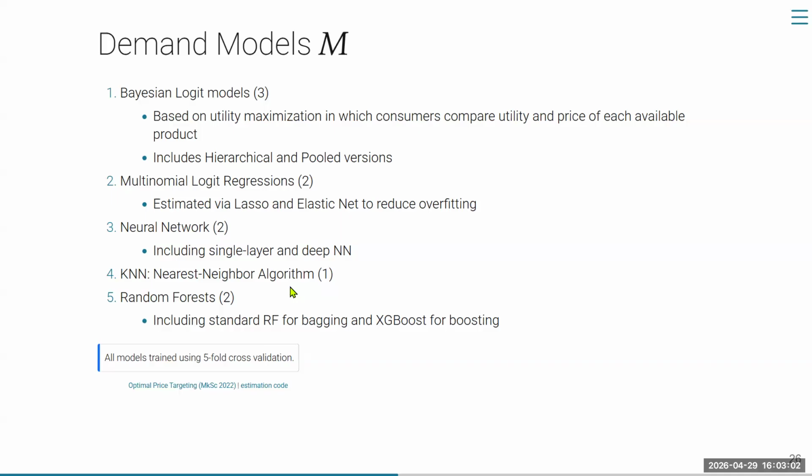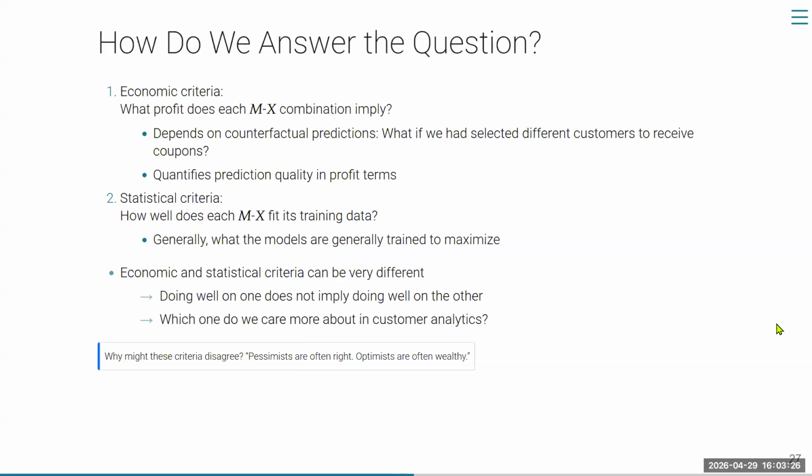A nearest neighbor algorithm, which kind of says if you plot all the choices in a space, you estimate each probability of purchase by averaging within a local neighborhood of that point, and then a couple of random forests. And all of the models will be trained using cross-validation, given that the purpose is predictive, so that way we can avoid overfitting the models.